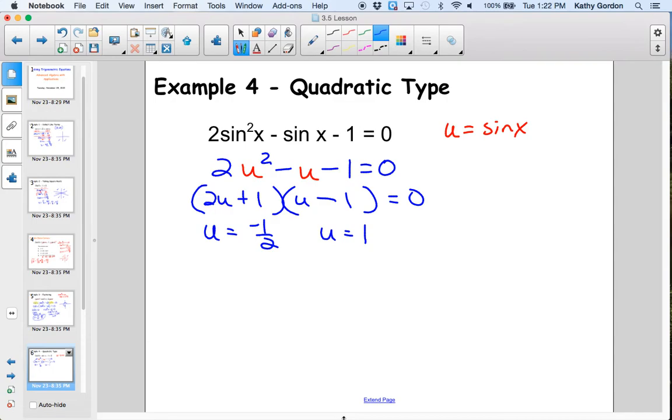But I wasn't asked to solve for u. My original equation had x's in it. I was asked to solve for x. So now I go back up here and I say, all right, so instead of u, what I really want to know is what's going to make sine of x equal to negative 1/2? And what's going to make sine of x equal 1? So now I'm bringing the trig part back into the problem to finish things out.